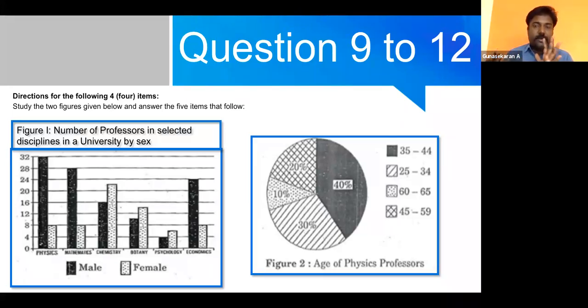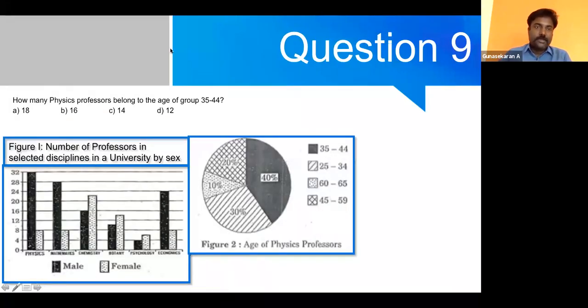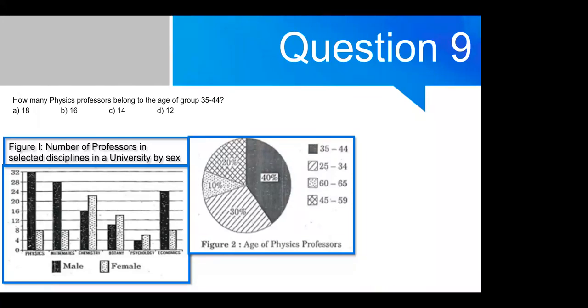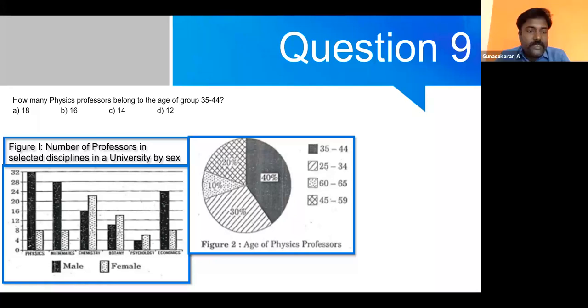Based on that, they are going to ask 4 questions. First question: how many physics professors belong to the age group of 35 to 44?